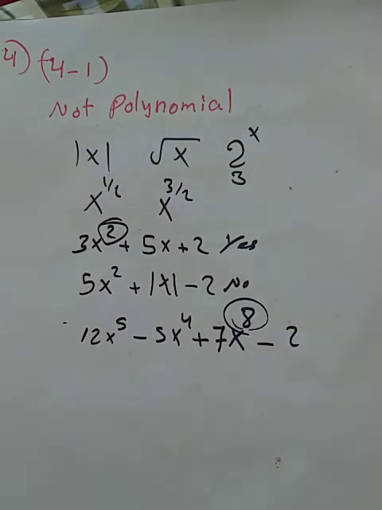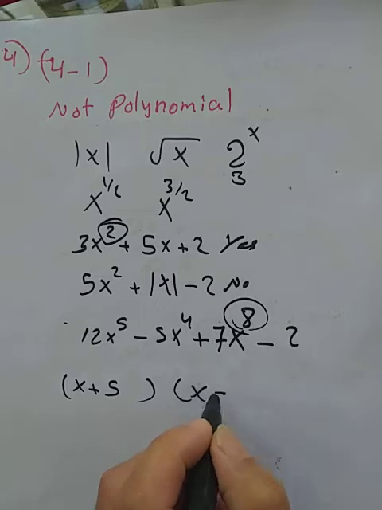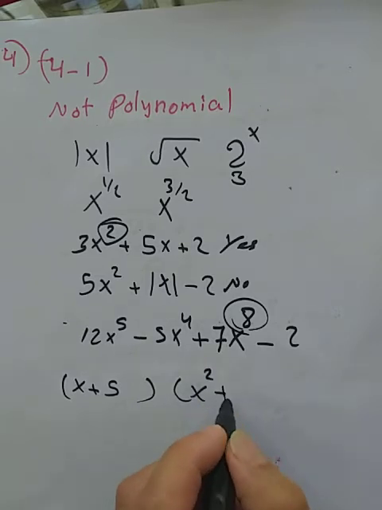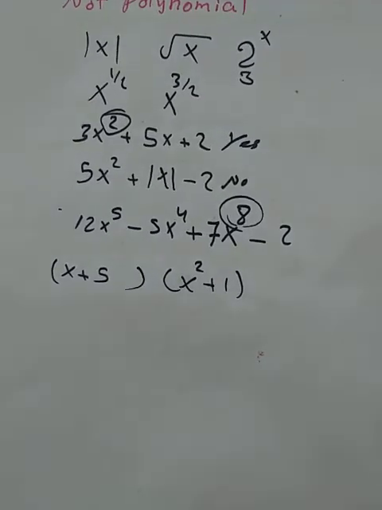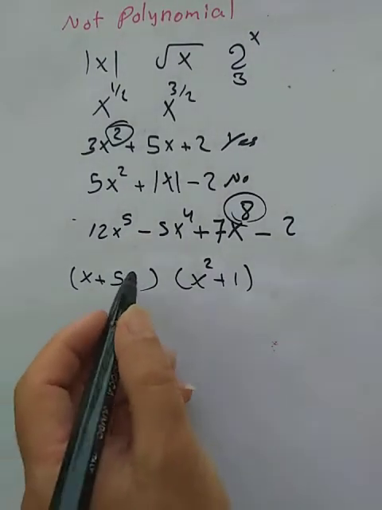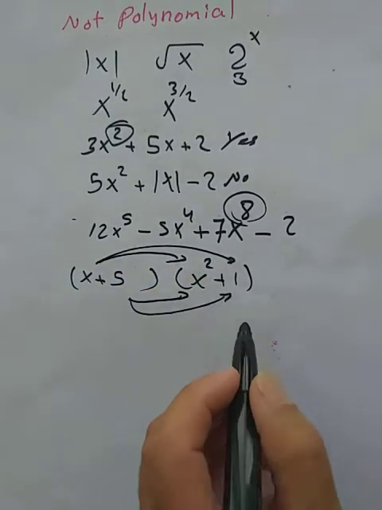Multiplying and dividing polynomials: how can you multiply two polynomials? If you have x plus 5 times x squared plus 1, multiply each term by each term.